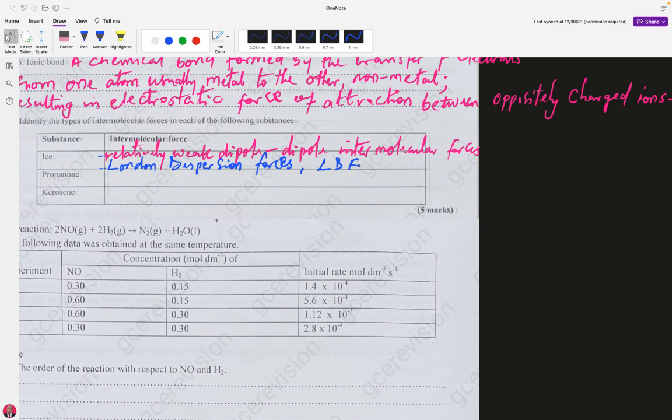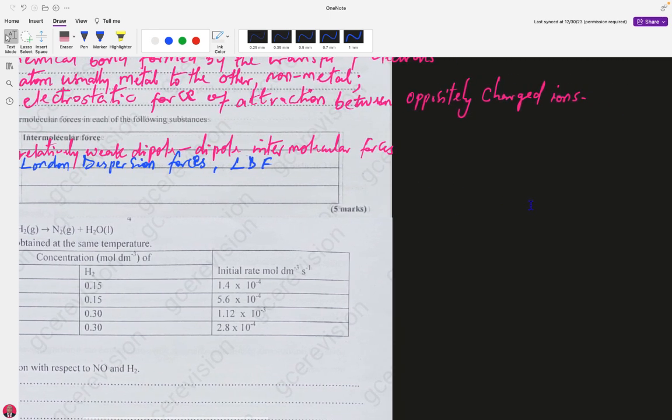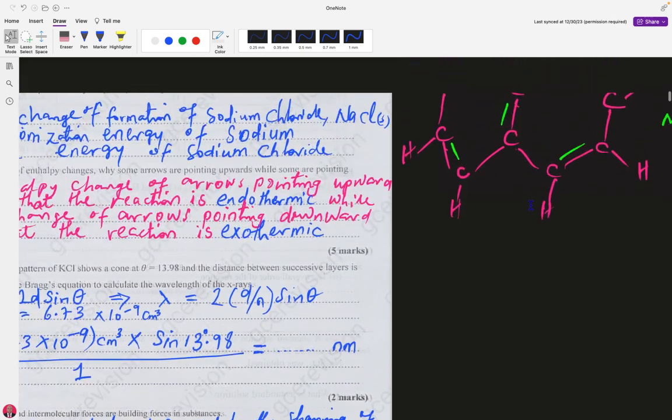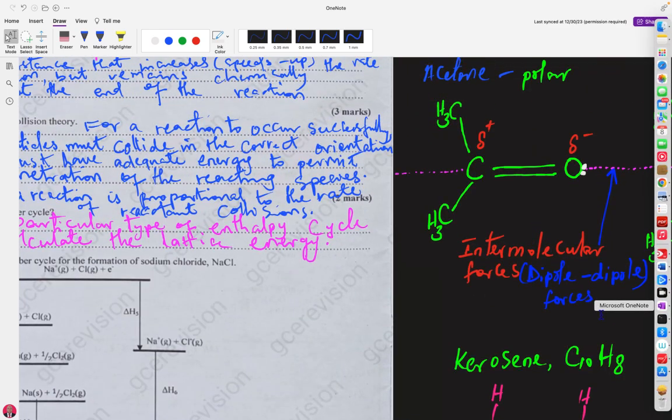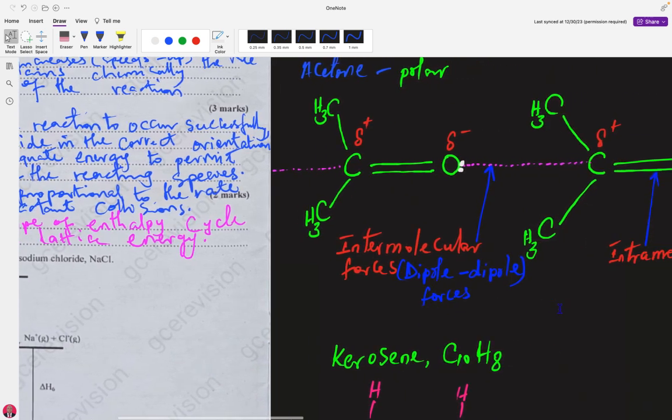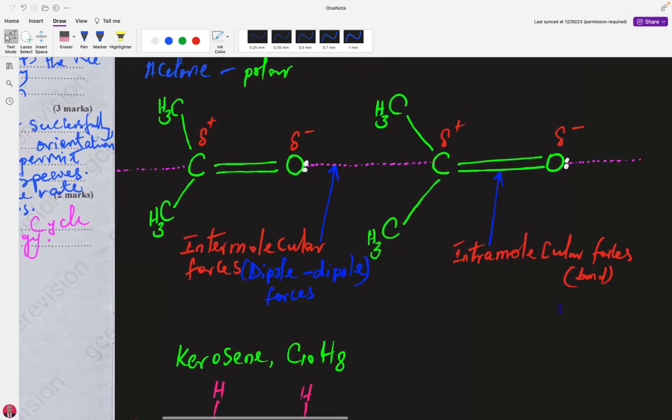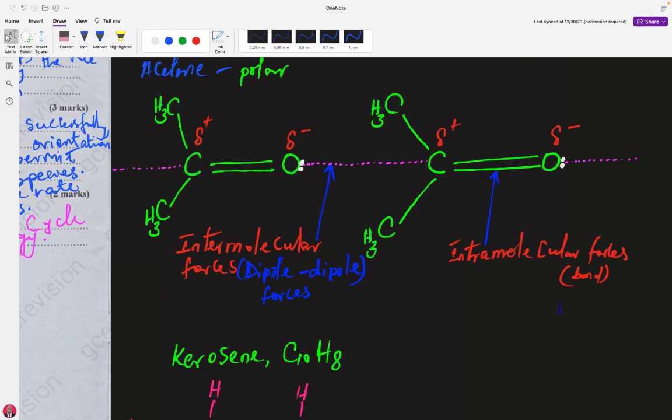Then you can go to propanone. If you go through propanone, you are going to say we have a dipole here, and we have London dispersion forces. Look at the structure of propanone. Propanone is acetone.